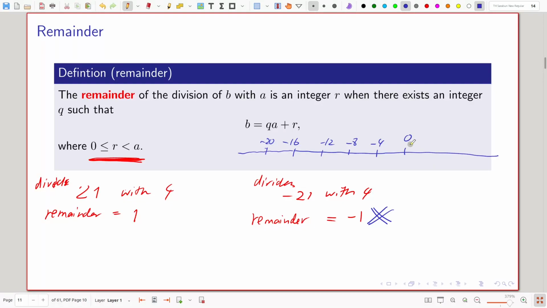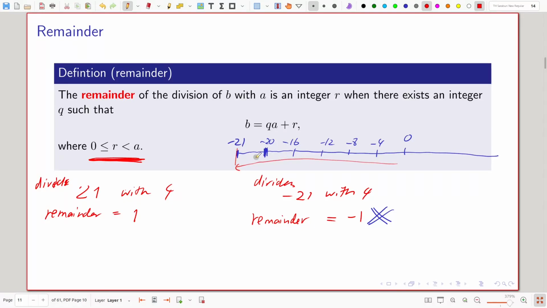If you multiply 4 by minus 5, you get minus 20. But minus 20 is larger than minus 21, so this is not the multiple of 4 that you want. You want the multiple to be less than the actual number, so you need to multiply 4 by minus 6.